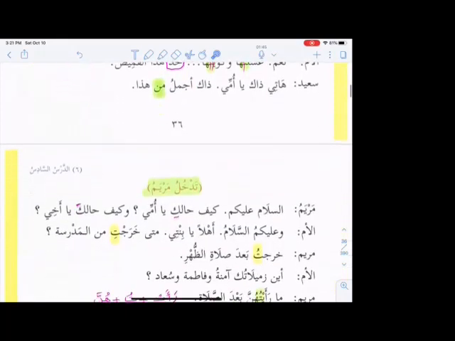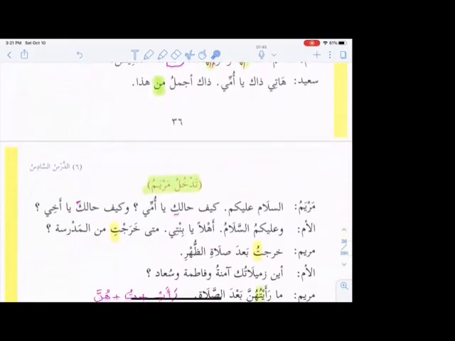This is now whenever min comes with ismu tafdil, it will be comparative degree. Right? Now, my brothers and sisters, here is more drama. Very beautiful, very beautiful. Tadkhulu Maryam. Today I really want to start Mudaria in a very simple way.